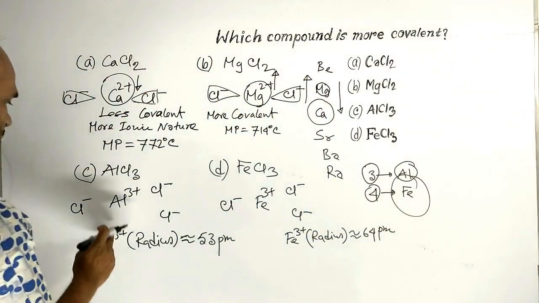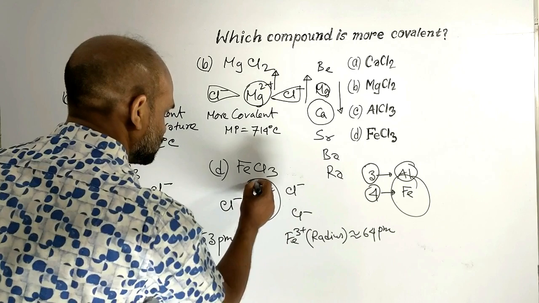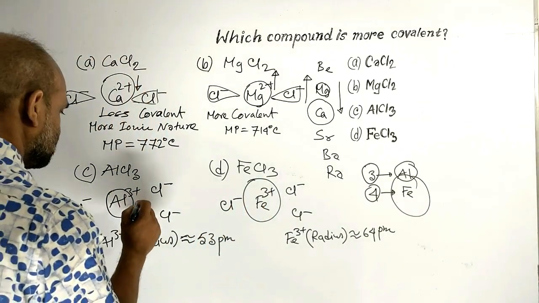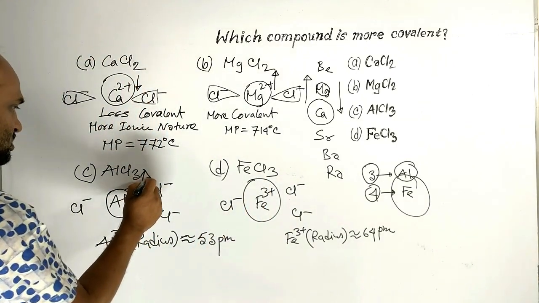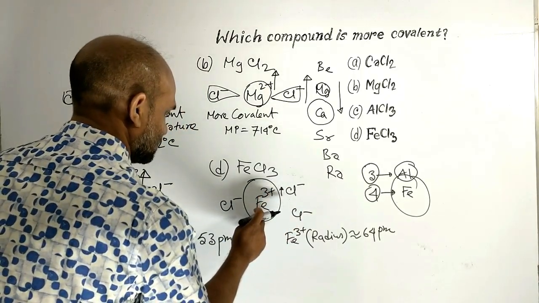That is, this is smaller in size compared to this one. That means here positive charge density is higher compared to ferric ion.